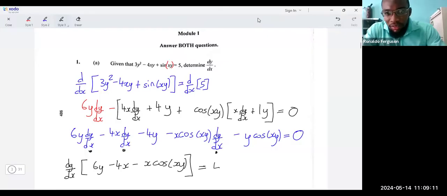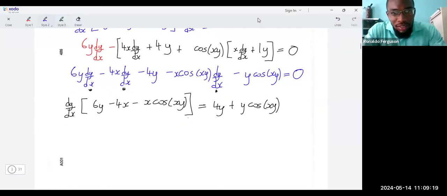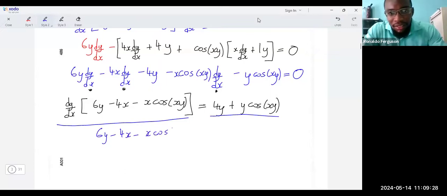So bring it over, we have 4y plus y cos xy. And then now let's divide through by what's in the bracket, 6y minus 4x minus x cos xy.